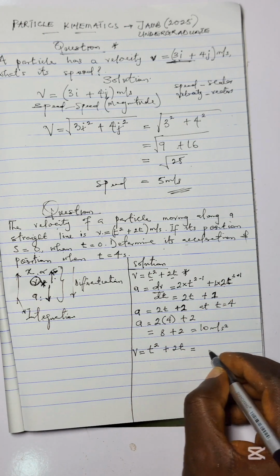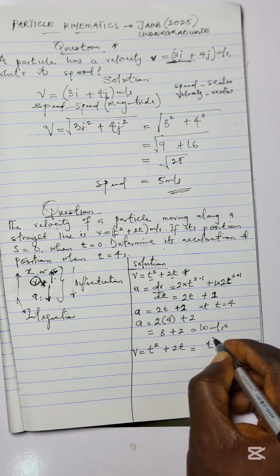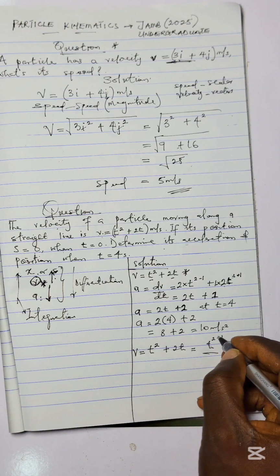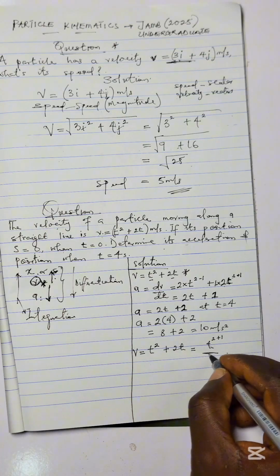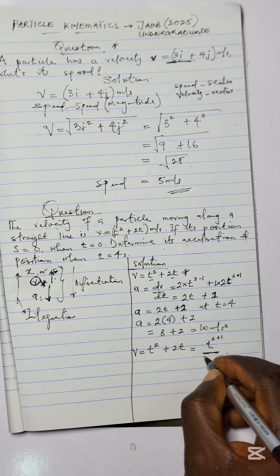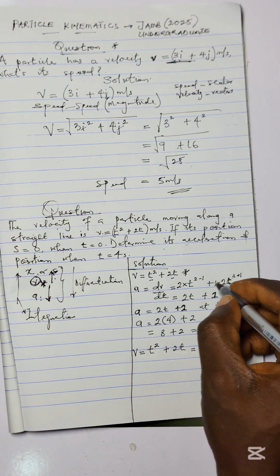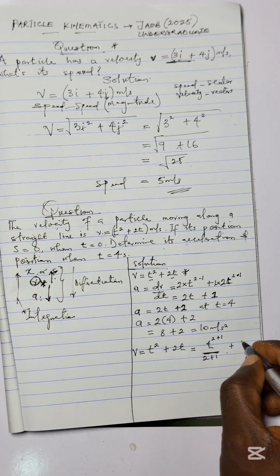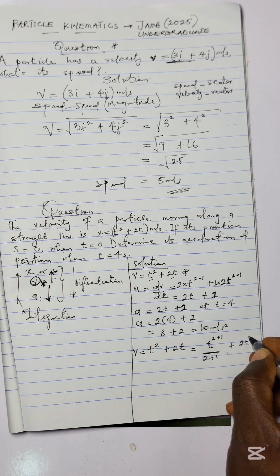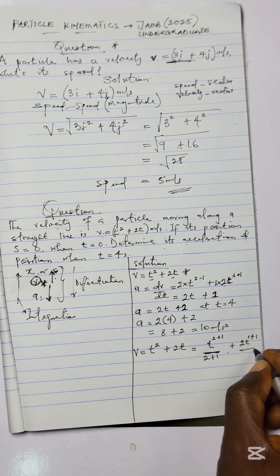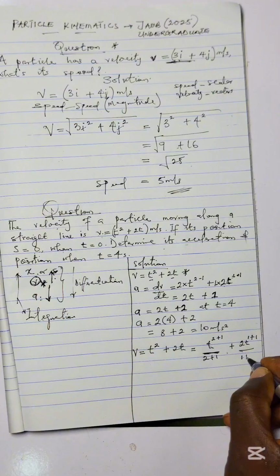So we're going to have t raised to power 2 plus 1. That new power, you bring it as denominator. For the second one, 2t is 2t raised to power 1, so you add 1 to it, then bring that as denominator, 1 plus 1.